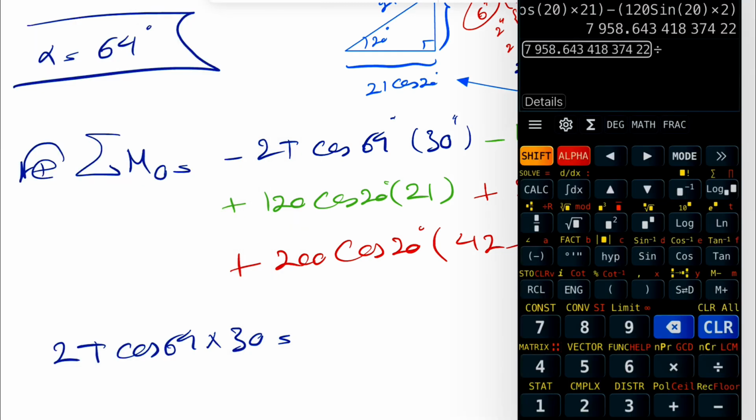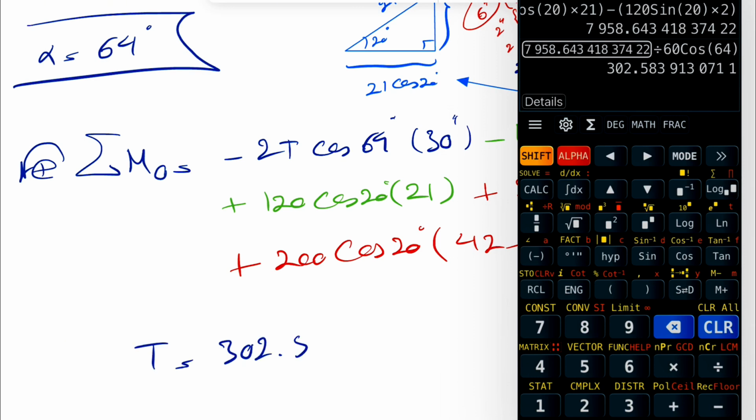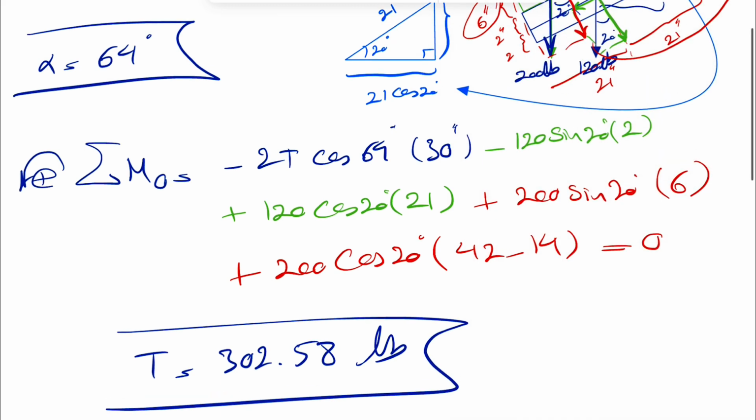And we're going to divide this by 60 cosine of 64. That's going to give us our T, which is going to be 302.58 pounds, the final answer for this question.